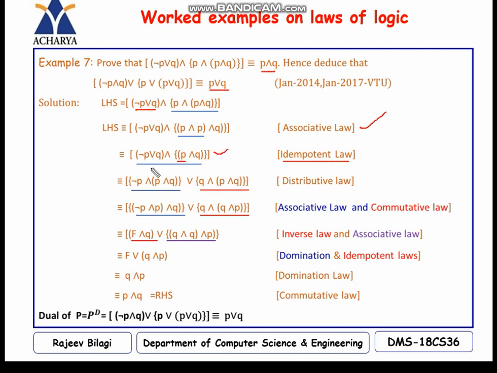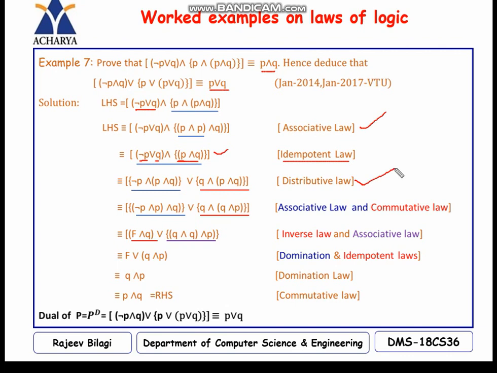Now if you look at this particular statement, distributive law: the negation of P, I will consider it as P, Q and R. So this is one particular statement. How can I write the negation of P and this entire thing, P and Q, or Q and operator this?